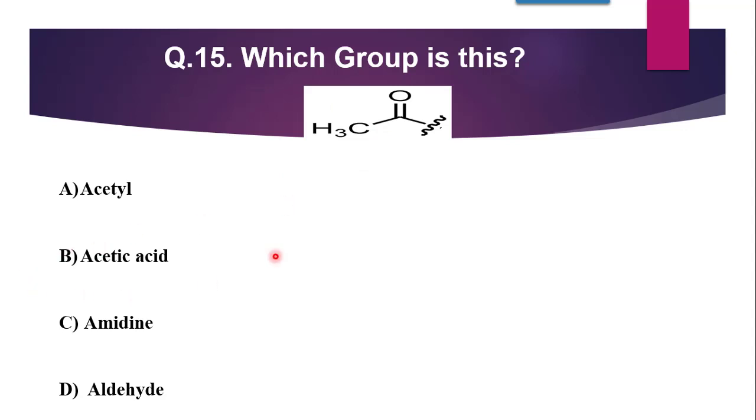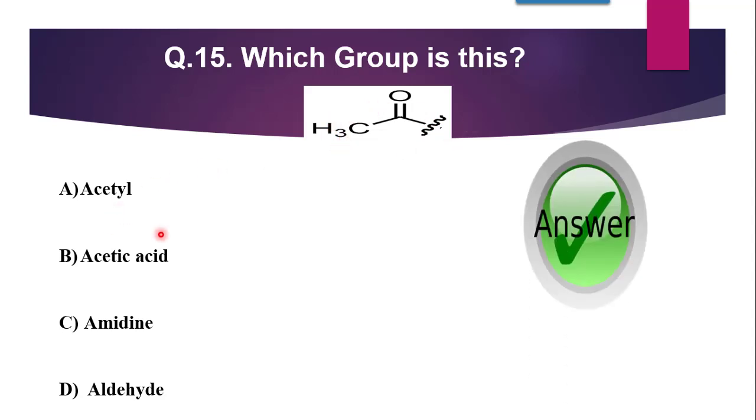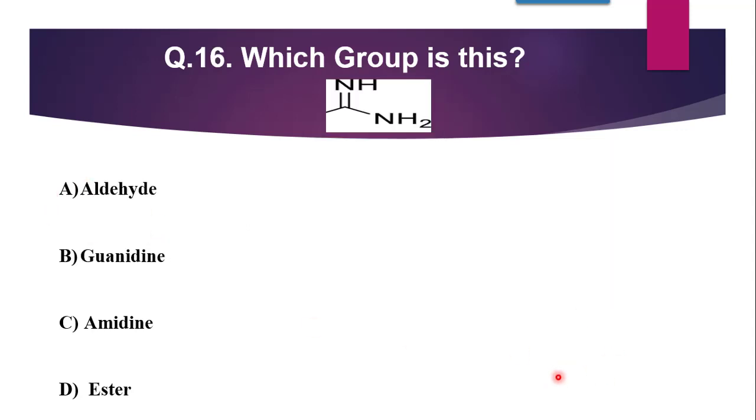Definitely acetic acid is not there, because for acetic acid a carboxylic acid should be there. Amidine is not there. Aldehyde is also not there, because if H were there, it would have been acetaldehyde. So it is the acetyl group, which can be present in many compounds. So the answer is A, acetyl.